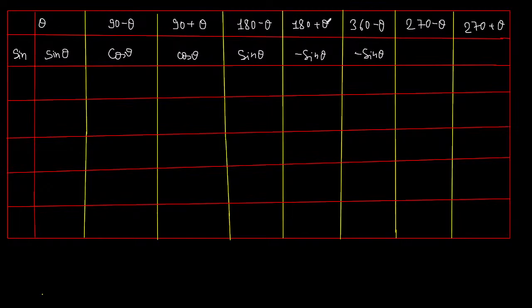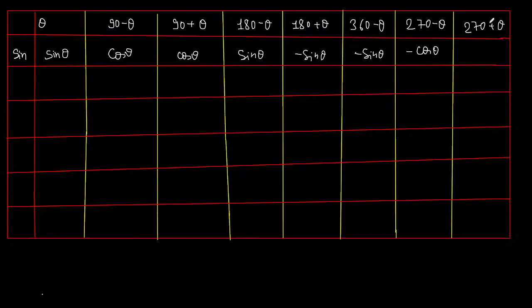So it is minus sine 90 minus theta, which is minus cos theta. 270 plus theta is 180 plus 90 plus theta.